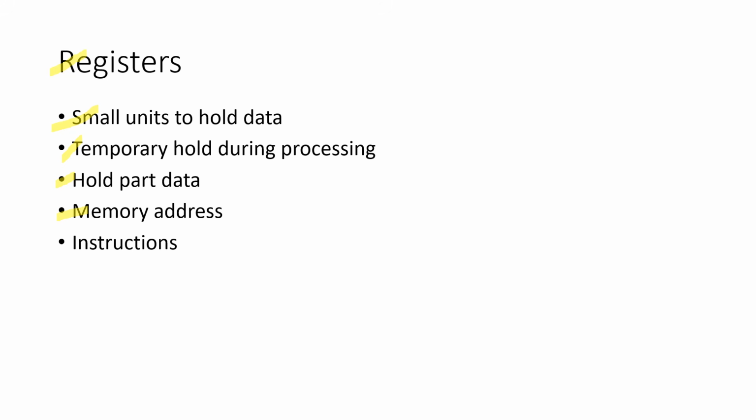For example, during program execution, the control unit has to fetch the instructions one by one. In that case, it needs the memory address of the next instruction to be fetched. So the memory address will be stored in the register, and the control unit can look in the register to fetch the right instruction.